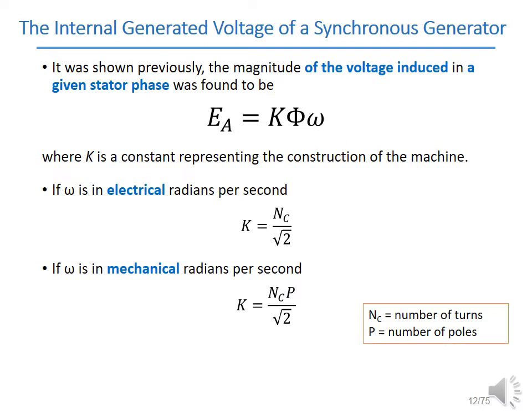The K itself has two different values depending on what omega is, as shown on this slide here.